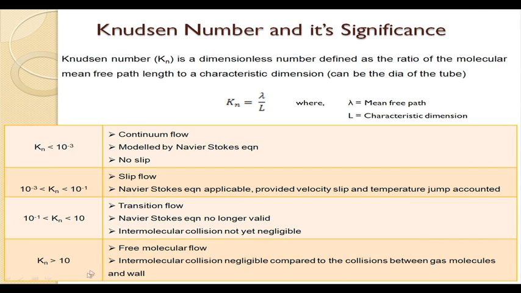For example, for Knudsen number less than 10 to the power minus 3, continuum flow is applicable, so it can be modeled by the Navier-Stokes equation, and the no slip condition is also applicable. But as we go to higher Knudsen numbers, the no slip condition is no longer applicable, and there is a velocity slip between the wall and the gas.